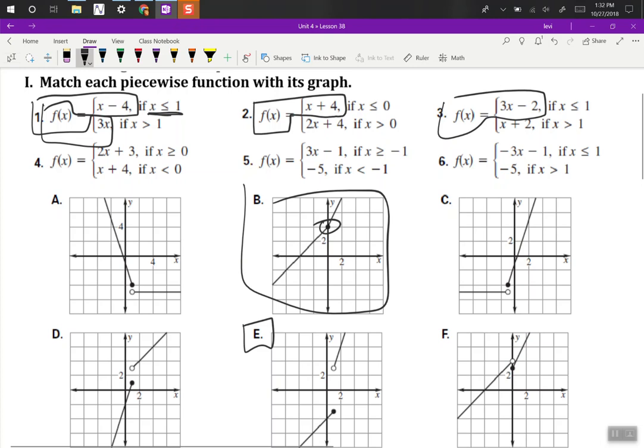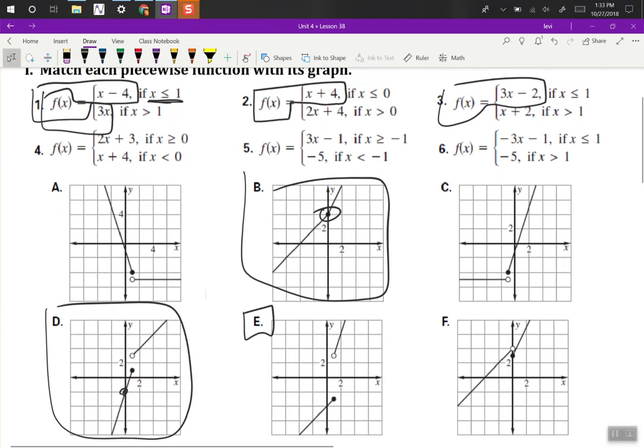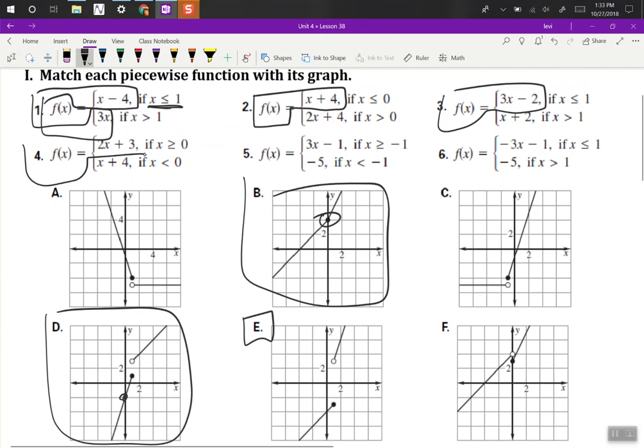Y-intercept of -2 looks like D. Fourth one, y-intercept of 3. Looks like right here. Let's see if that goes on. We're going up 2/1. Yeah, up 2/1. So 4 is F.